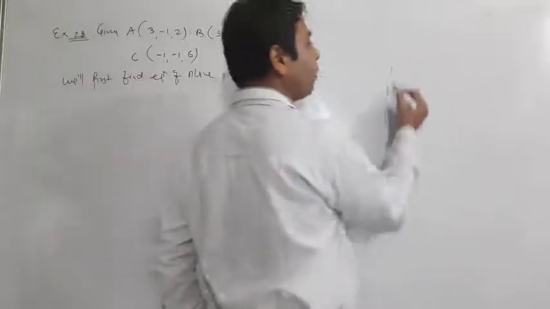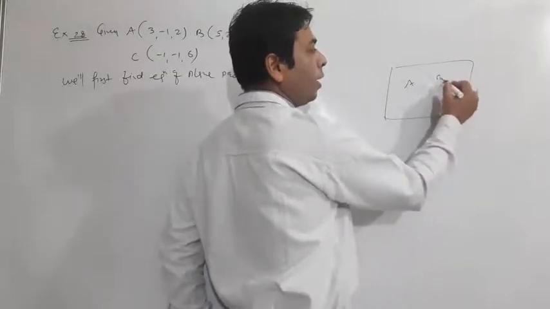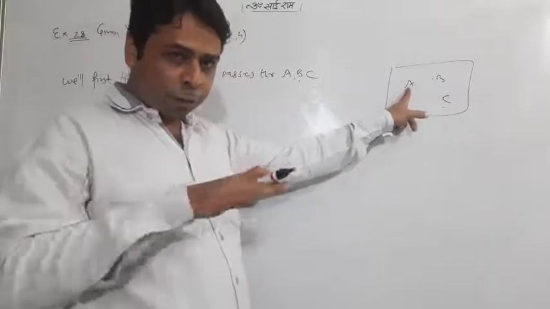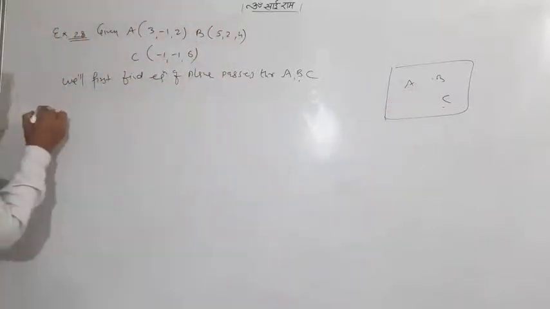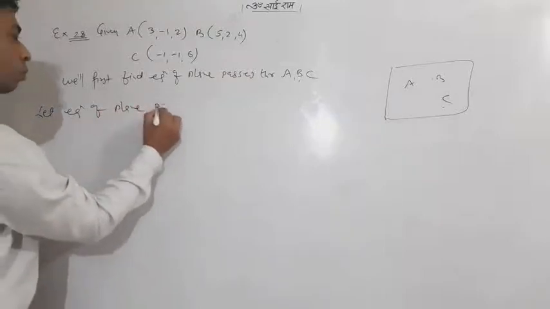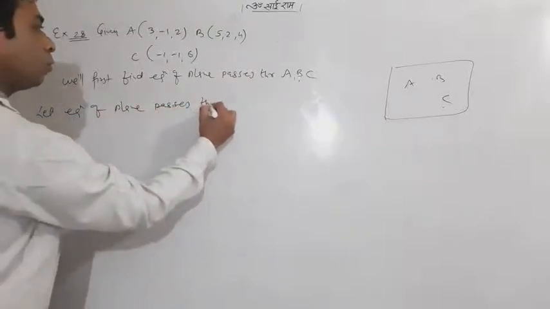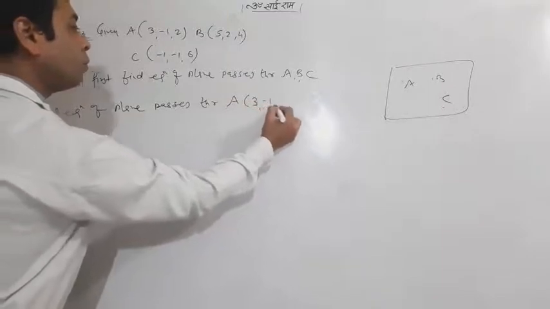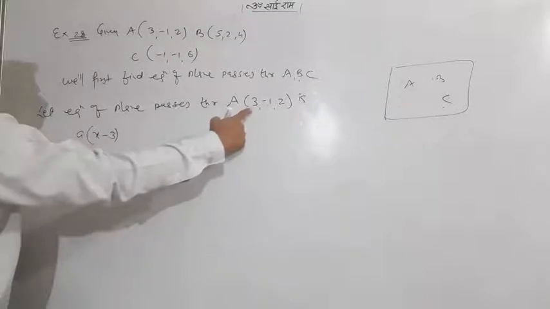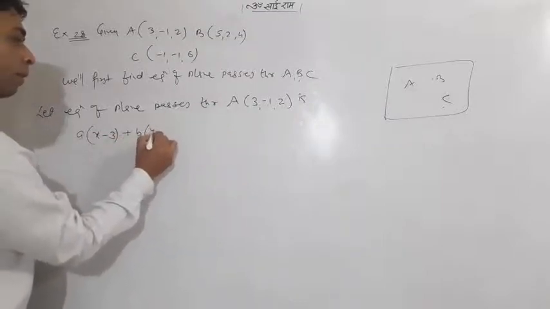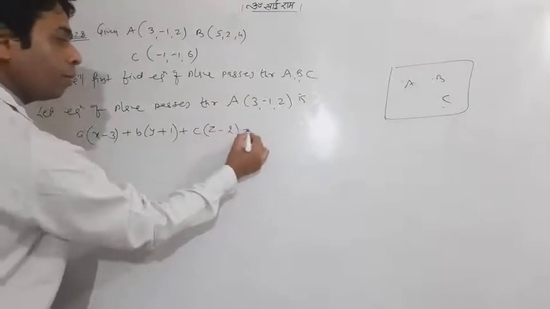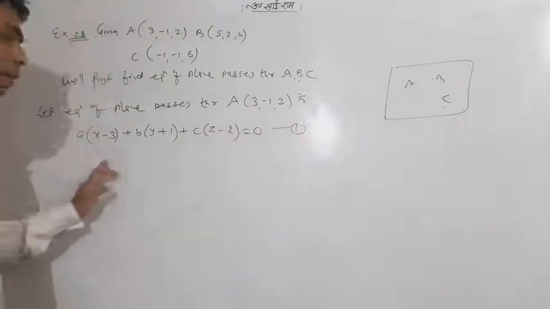You should know that we are finding the plane which is passing through A, B and C. So first we'll find the equation of the plane which passes through A. Let the equation of the plane which passes through the point A be: a(x minus x1) plus b(y minus y1) plus c(z minus z1) equals 0, the one point form. This is my answer, but I don't have a, b, c.